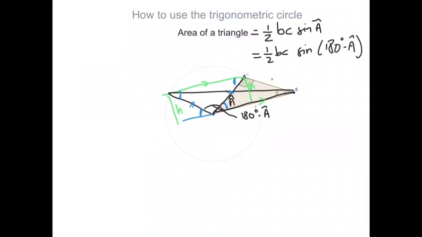So this is totally consistent with what we've seen on the trigonometric circle, and the properties that were shown on this circle are nicely consistent with this formula for the area of a triangle.